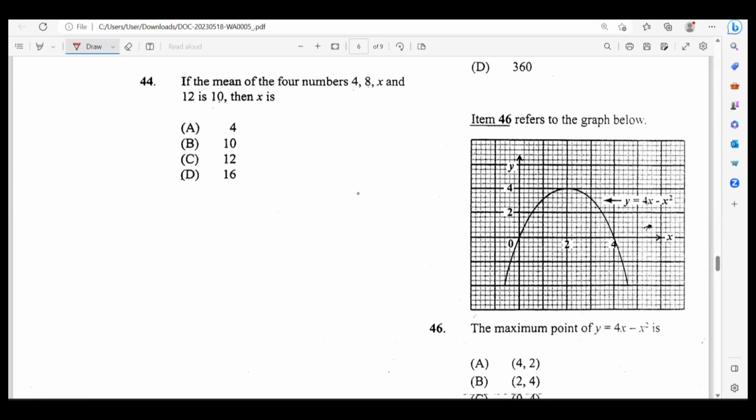Now, the mean is an average. So we want to note that when you get mean, you're referring to an average. Whenever you find an average, you're always going to say your average, which is your mean. Let me write the word mean for you.